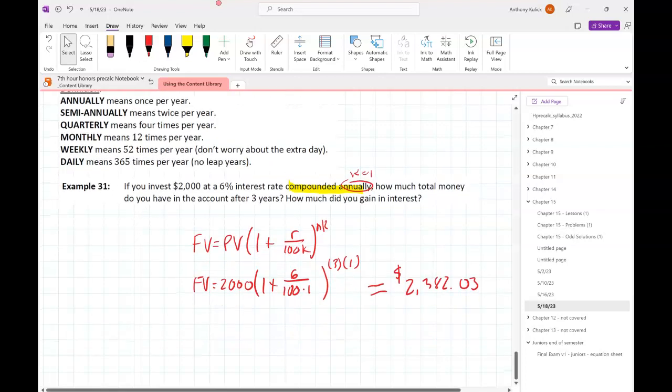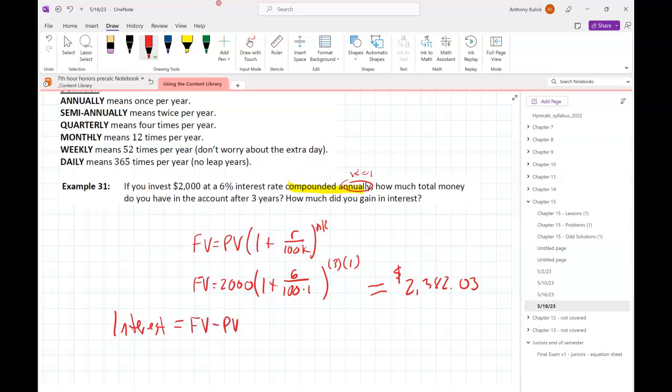So how much interest did we earn here? Yeah, so how much is the difference between the simple interest and the compound interest? Like $22, right?